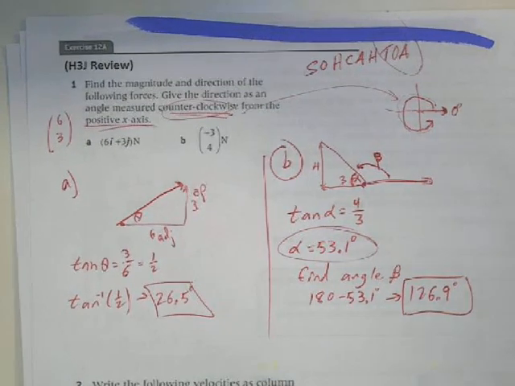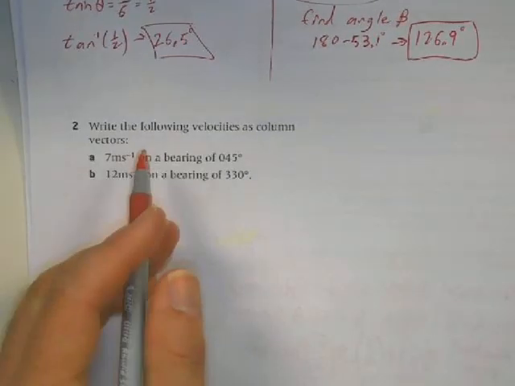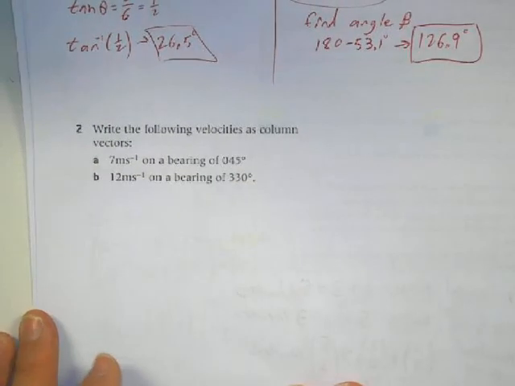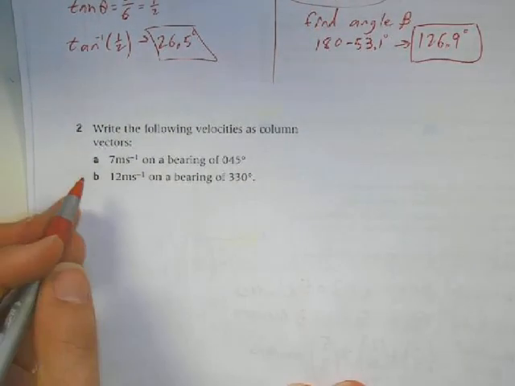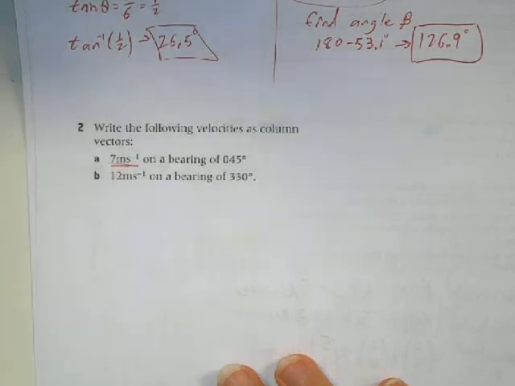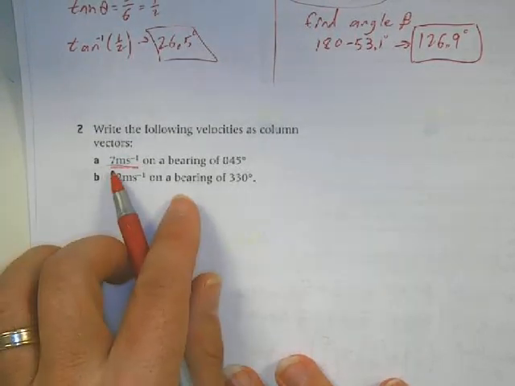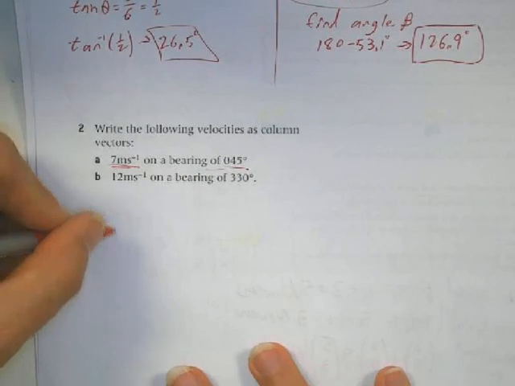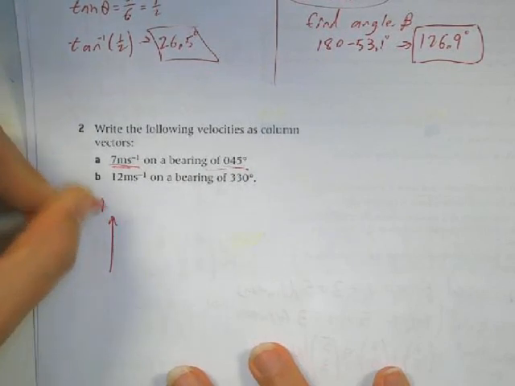Okay, question number 2. Write down the following velocities as column vectors. Okay, so we know that we're going a magnitude of 7 and a bearing of 45. So remember, for bearings, north is 0 degrees.